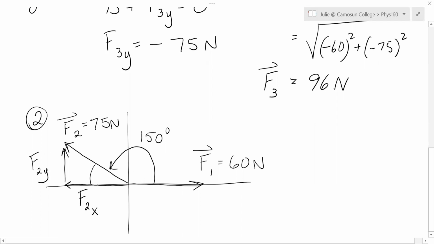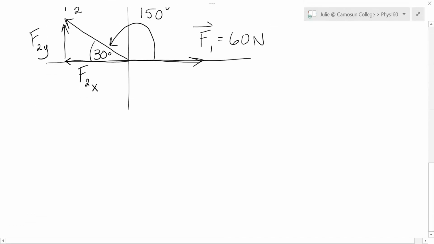And this angle, it's 180 all the way around, so this must be 30. 150 plus 30 is 180. Okay, so let's do it again. Calculate, make our table, do the components. Hopefully if you do this 10 times, you'll be really good at it.